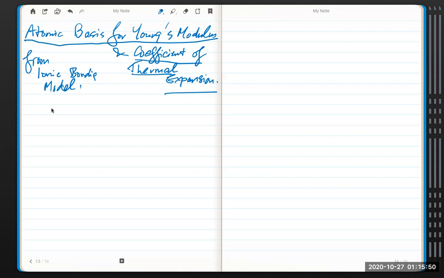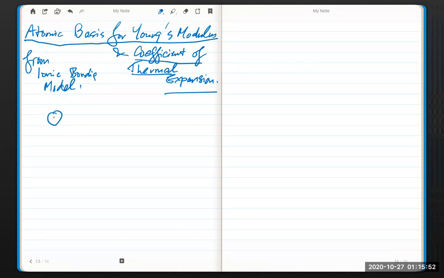And let's start from an ionic bonding model. In an ionic bond, you have a cation, say positive, and an anion, which is a bit bigger, I'm just drawing it exaggerated. The distance between their nuclei centers, let's call that R, is the separation distance, right?